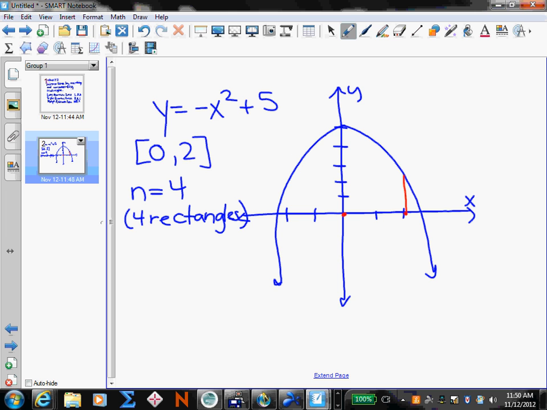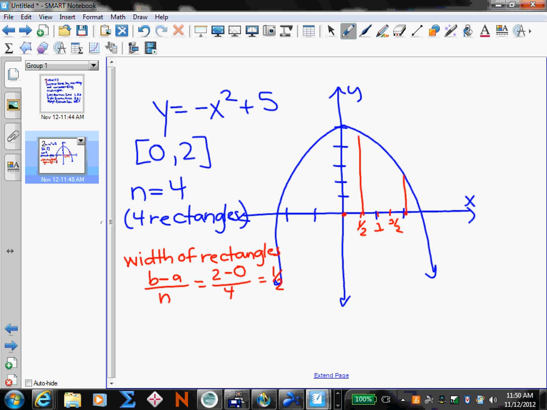If I want to put 4 rectangles in there, then the width of my rectangles can be determined by using b minus a over n. So in our case, 2 minus 0 over 4 gives us a width of 1/2. So at 1/2, I'm going to put a mark. Then I have a mark at 1, 3/2, and 2. So each one of my rectangles has a width of 1/2.